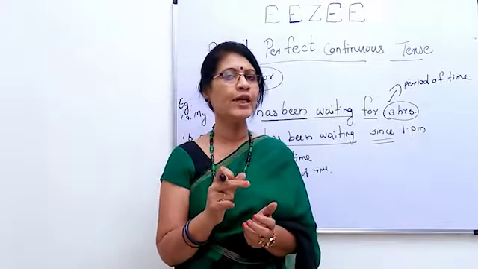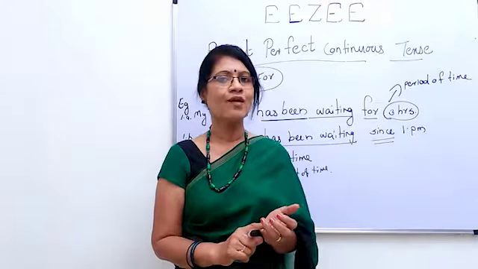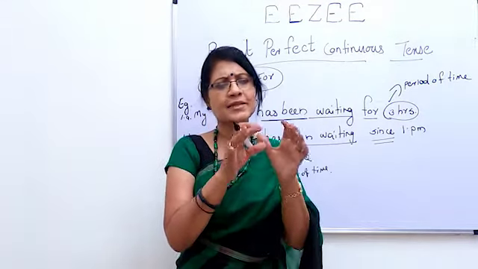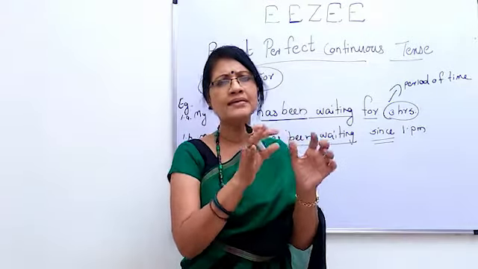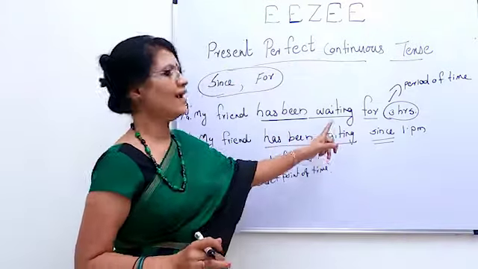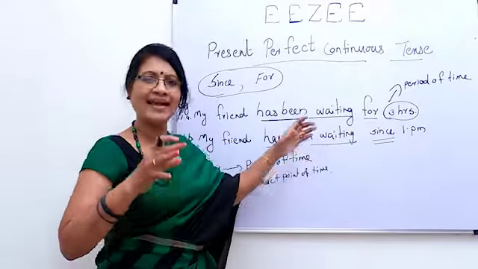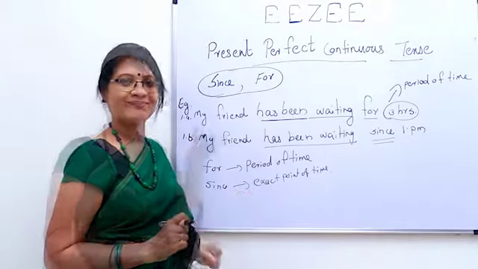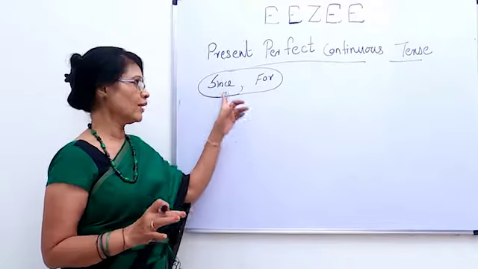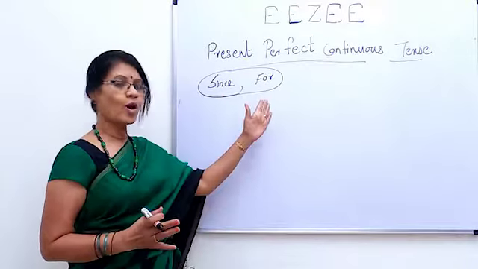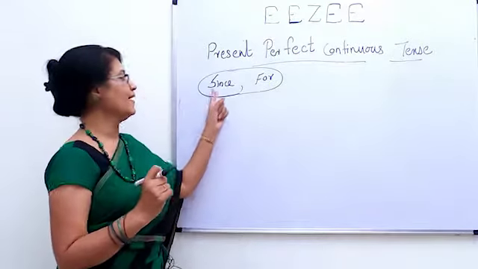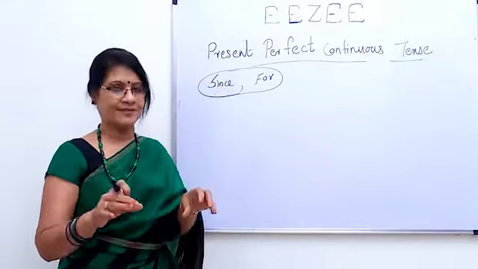I have been teaching you since 1 p.m. I am telling exactly, specifically, I am mentioning the time. So that is the difference. I think you got a clear idea about the use of since and for. I have already told you: for is used for a period of time. I am repeating that. Since is used for a point of time.